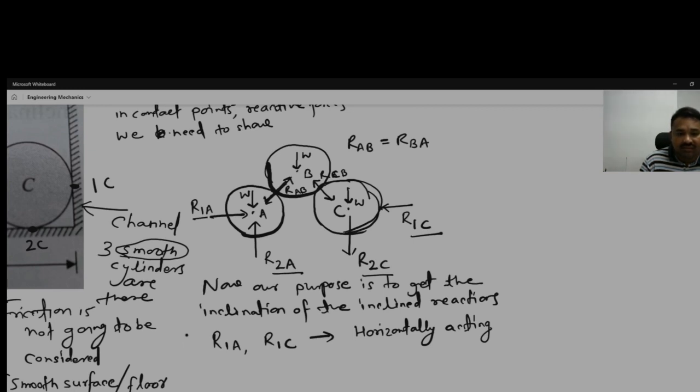And similarly R2A and R2C acting vertically, okay, whether vertically here, the actually this will be direction, and direction should be we are showing towards the C. That's why here we need to correct.